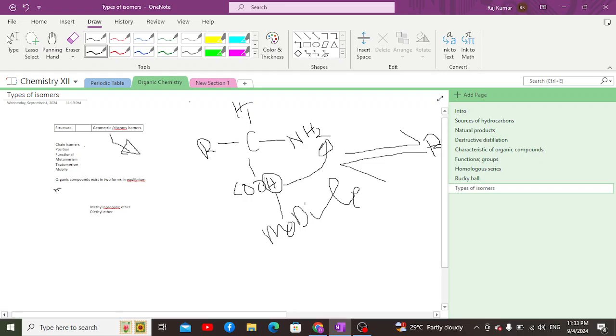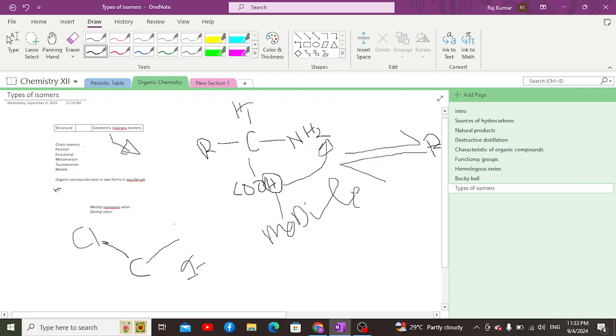Such that, let's say, if we talk about 1 bromo 2 chloropropane, it is an organic compound which is having 1 bromide functional group and 1 chloride functional group, or we can also take the example of 2 chloropropane.